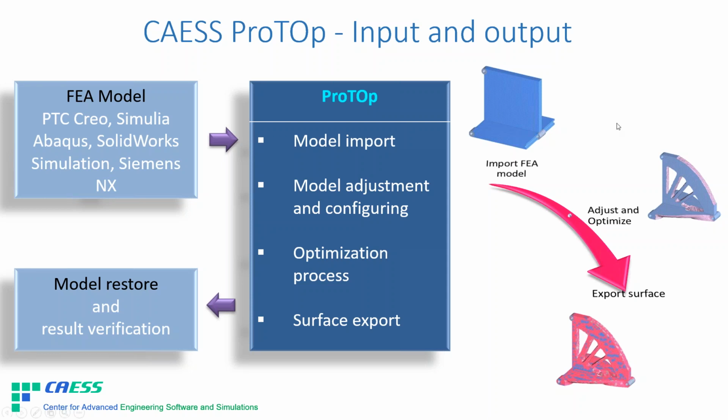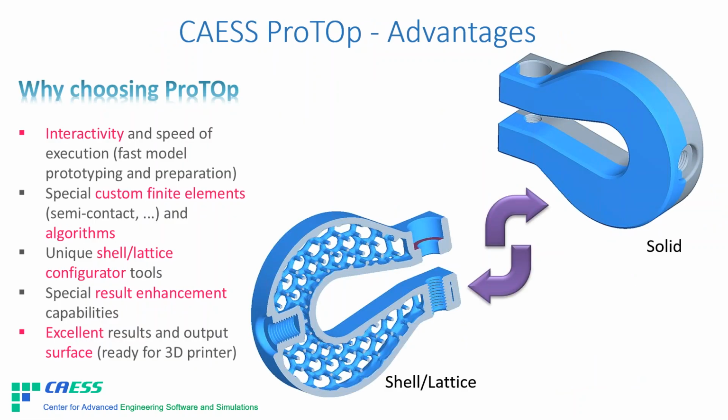Cool, thank you. Okay, and now the million-dollar question. How is ProTOP different from other tools such as ANSYS? Okay, just a moment. Now, actually, the strength of ProTOP is mainly what I have shown you here. First of all, I want to point to this interactivity.